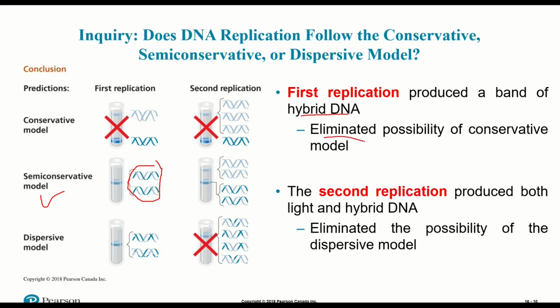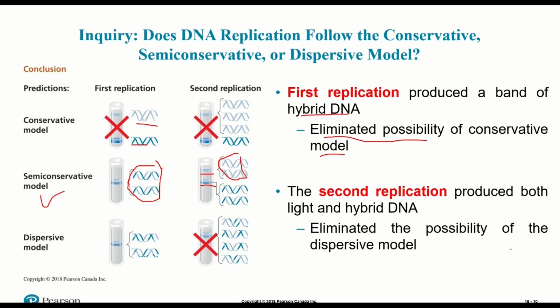So this eliminates right away the possibility of a conservative model, because, as we talked about in the previous slide, there you're just going to keep the heavy one and make a new one, and this is not what happened. So this was the way to remove it. And the second replication produced both light and hybrid. Here you have the light and the hybrid, one old one and one new one.